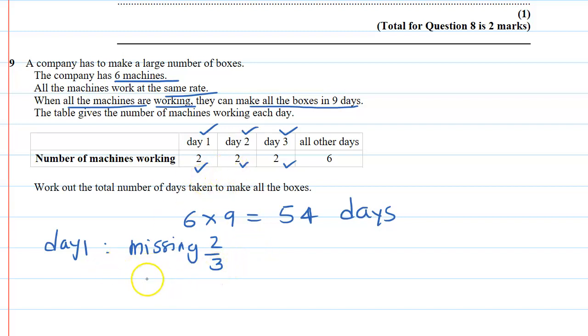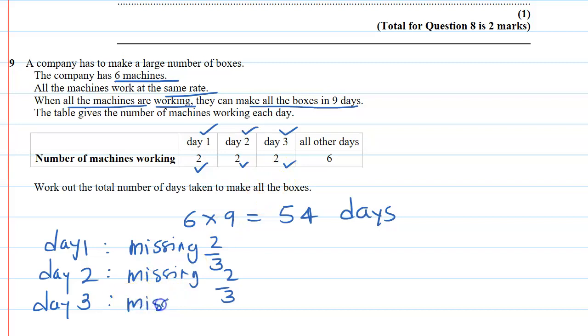Similarly, this is also 2, so day 2 is also missing 2/3 of a day's work of boxes. Similarly, day 3 is again number 2, so it is also missing 2 by 3 of a day's worth of boxes.